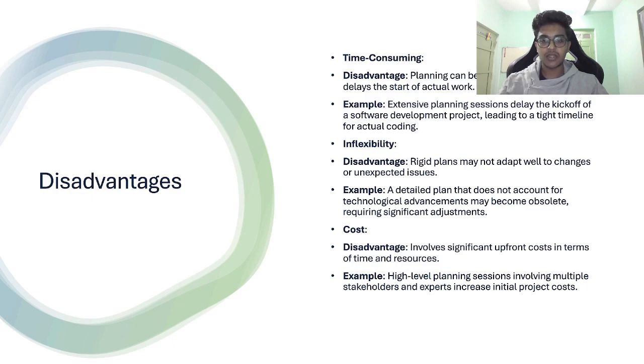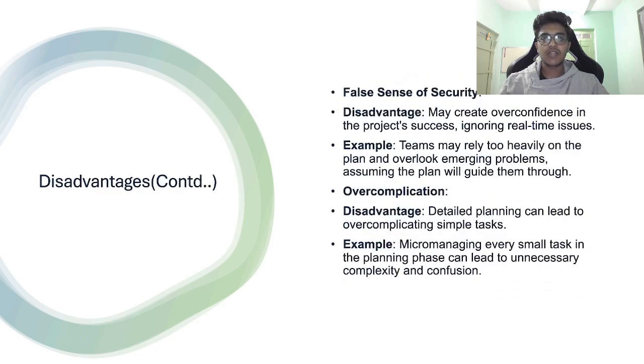Next is cost. The disadvantage here is involving significant upfront cost in terms of time and resources. Example: high-level planning sessions involving multiple stakeholders and experts increase the initial cost. Moving on with the continuation, false sense of security. The disadvantage here is it may create overconfidence in the project's success, ignoring real-time issues.